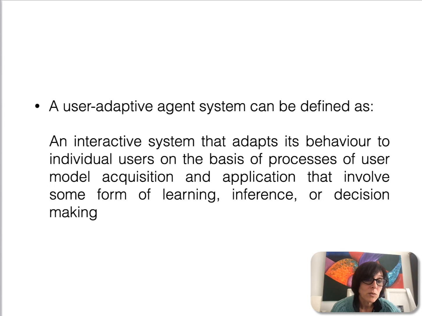So when we take into consideration user adaptivity as one of the characteristics of an intelligent interface, then we have to think of an agent system that adapts its behavior to the individual users on the basis of processes of user model acquisition.